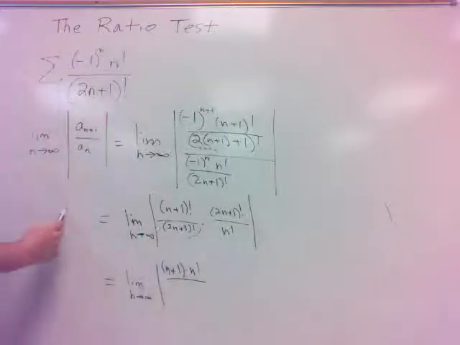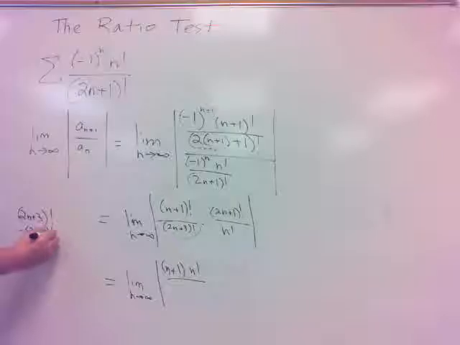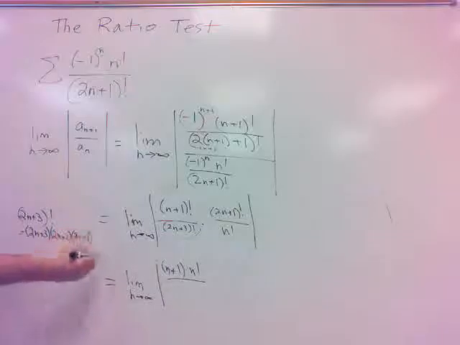Come over here for just a second. All right, so (2n plus 3) factorial, wouldn't that be, count down, 2n plus 3, 2n plus 2, 2n plus 1, and then 2n, and so on?